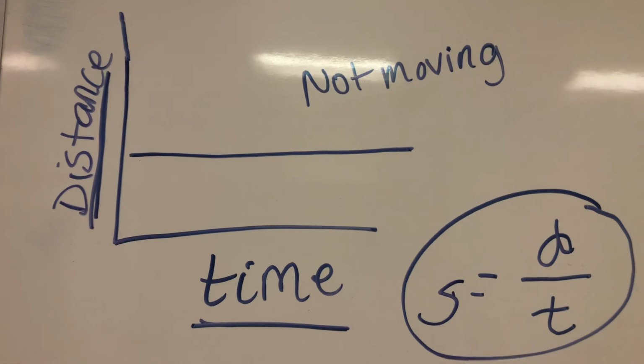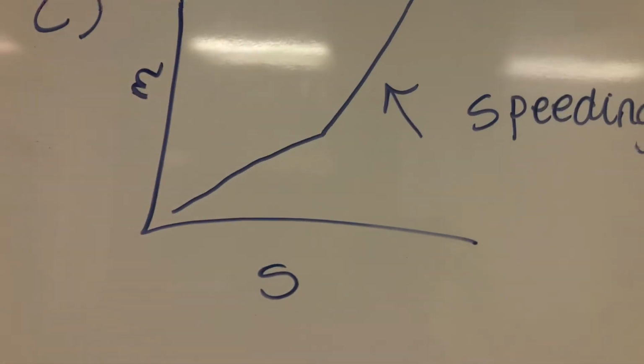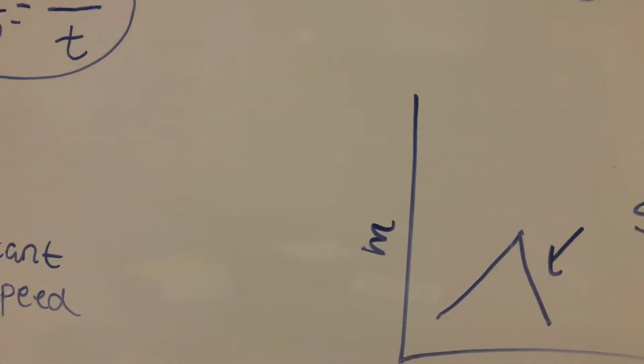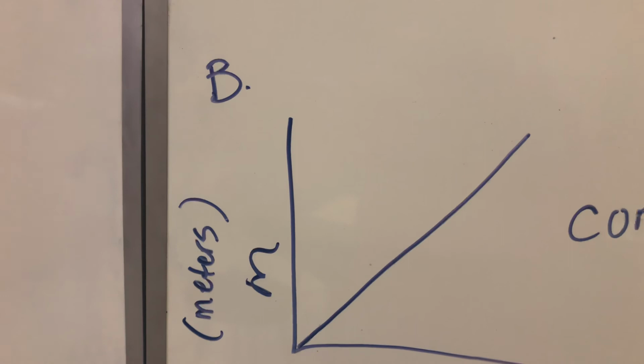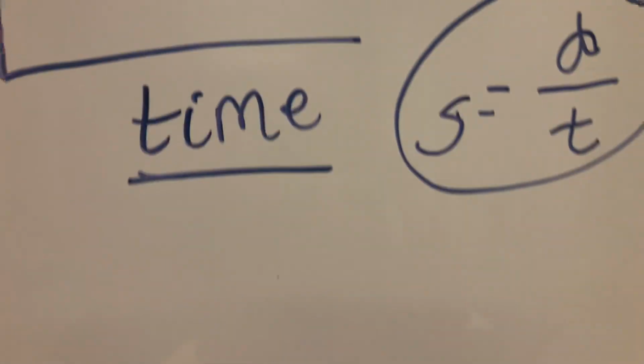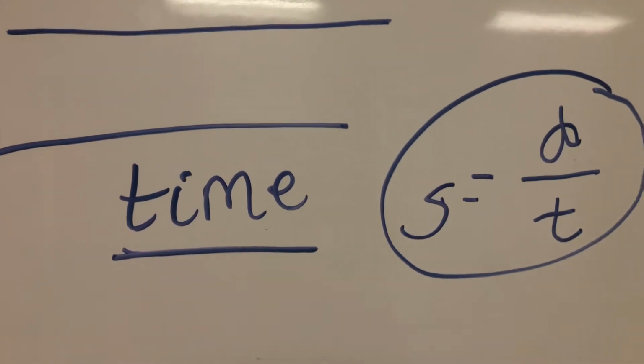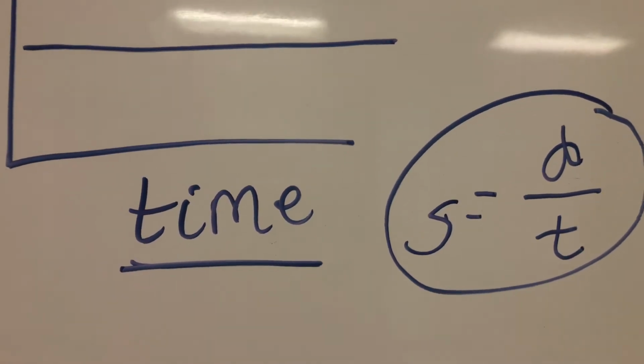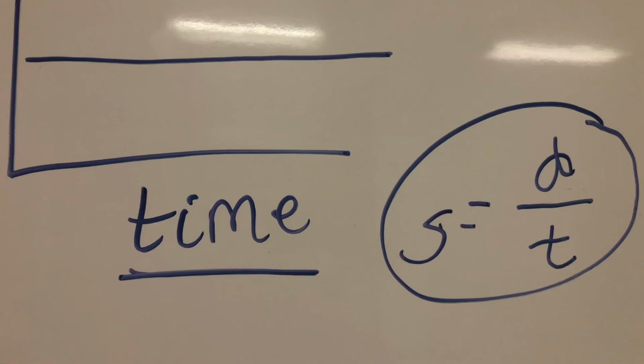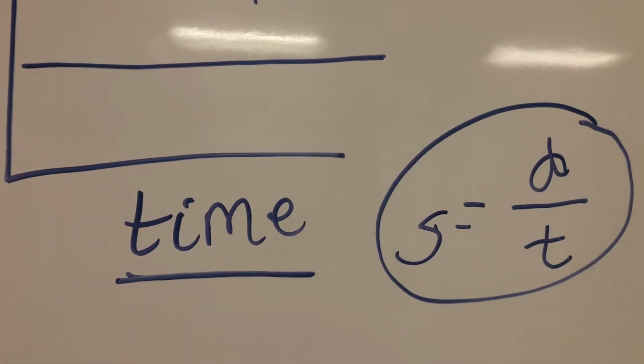So any time you're looking at this, you're seeing speed. Look, distance over time, distance over time. Same one, distance over time. All of these graphs are showing speed. These are speed graphs. The next one I'm going to show you is acceleration graphs.